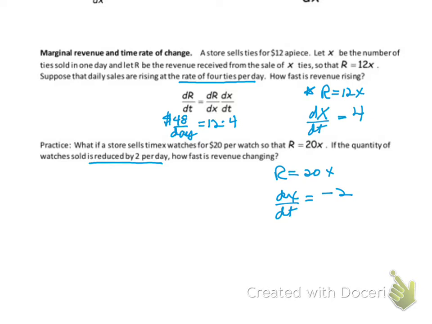They mean how fast with respect to time. So dr dt is going to equal dr dx, which is 20, times dx dt, which is -2. So your revenue is falling by $40 per day.